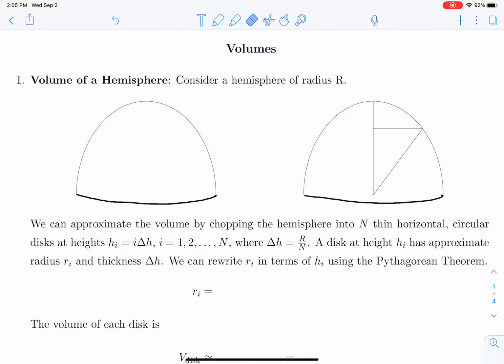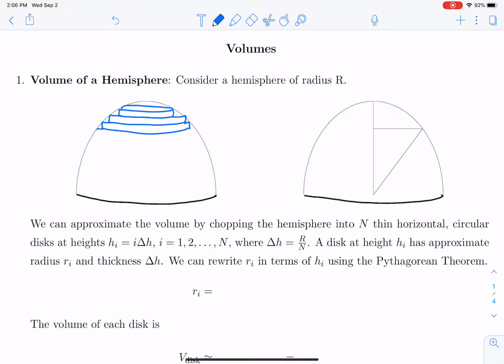So imagine that I sliced off the top of this hemisphere into a nice thin cylindrical slice. And then I made another slice like this, and then another slice like this.